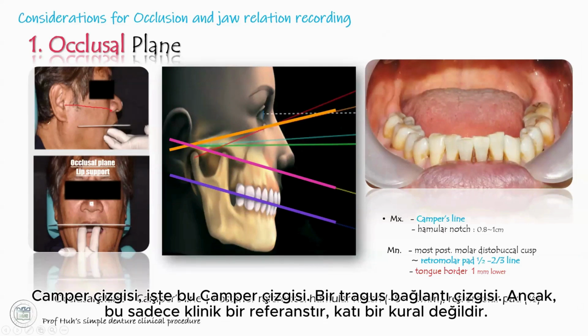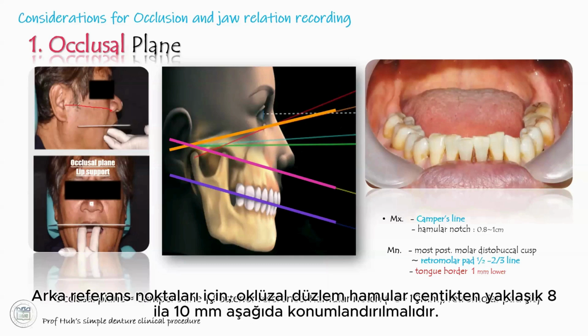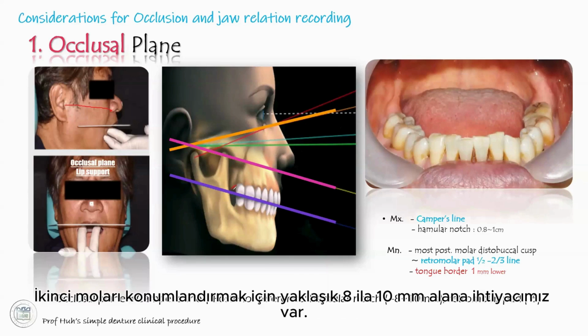However, this is simply a clinical reference, not a strict rule. As for posterior reference points, the occlusal plane should be positioned approximately 8 to 10 millimeters below the hamular notch. This is the hamular notch. We need about 8 to 10 millimeters of space to position the second molar, right?